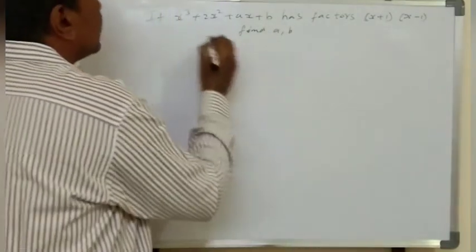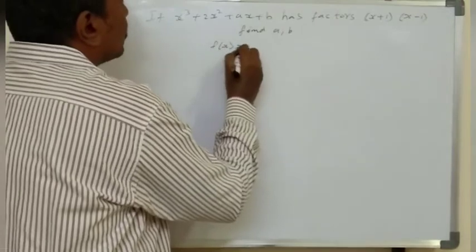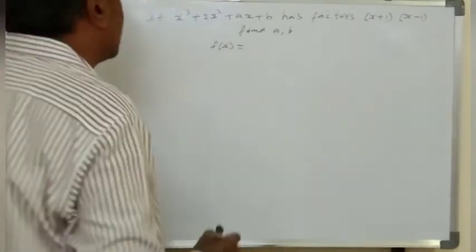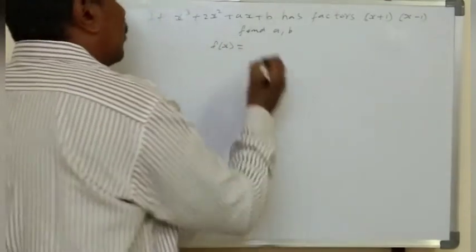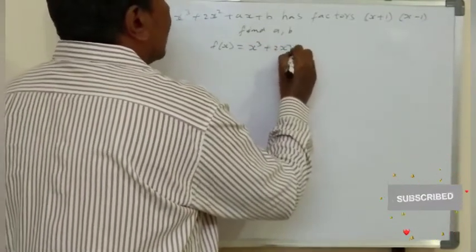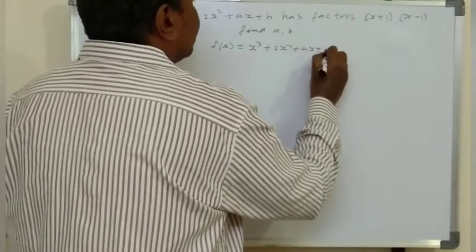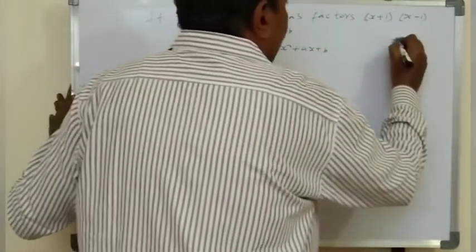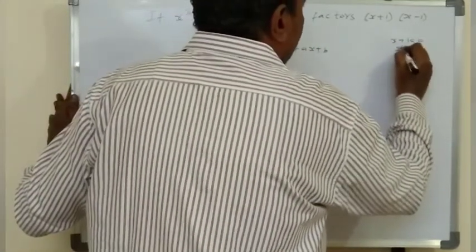So as usual, name the polynomial f(x) is equal to x cube plus 2x square plus ax plus b. So x plus 1 is equal to 0, x is equal to minus 1.